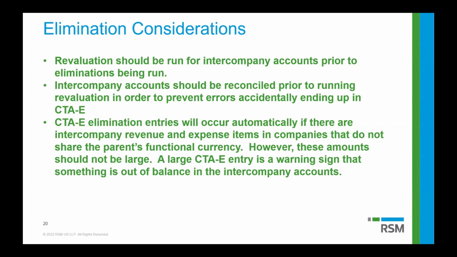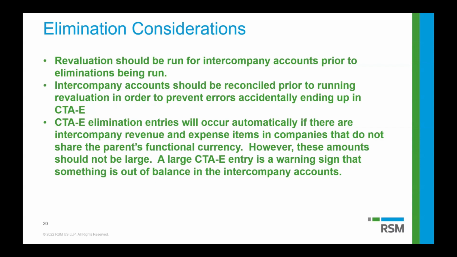What you don't want to happen is company A is owed $5,000 from company B. Company A books it as $5,000. Company B books it at 4,800 euros. They will never balance at that point. So you want to make sure when you book your intercompanies that you book them in the same currency, which will automatically happen if you use the advanced intercompany journal entry.